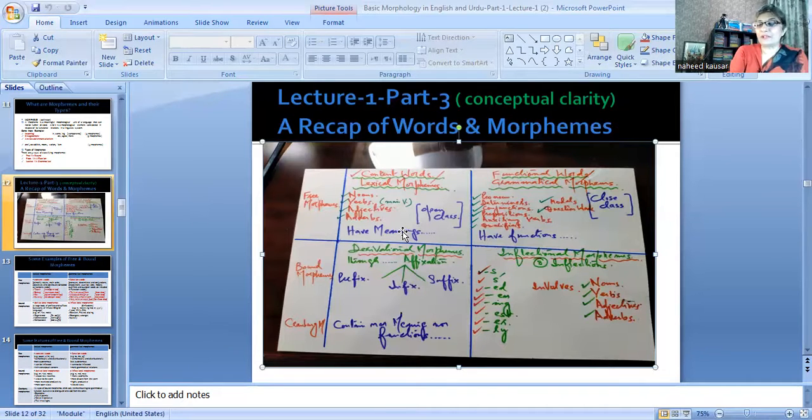Maybe in some lecture, when I would be giving you some information about morphology or its types or methods, we will be having a few further examples which will explain the morphemes and the words, their association, their distinction, difference, and closeness.